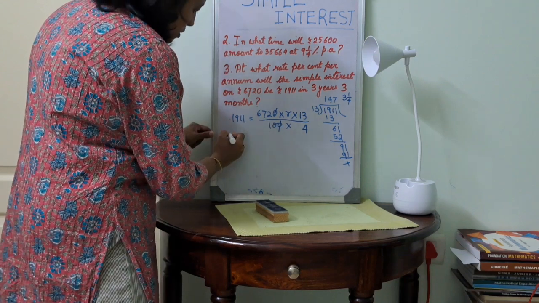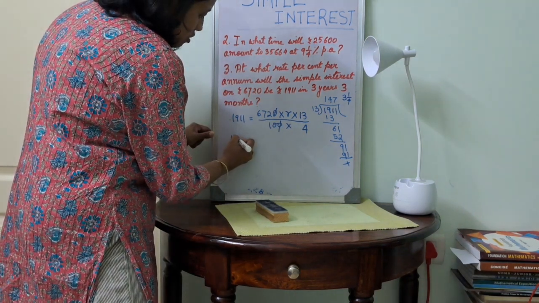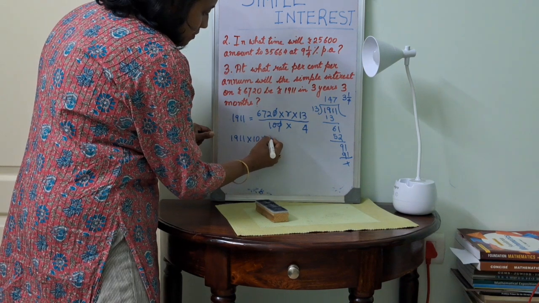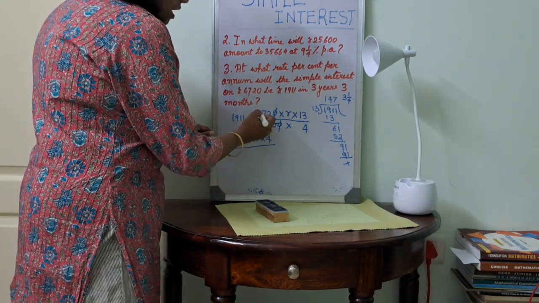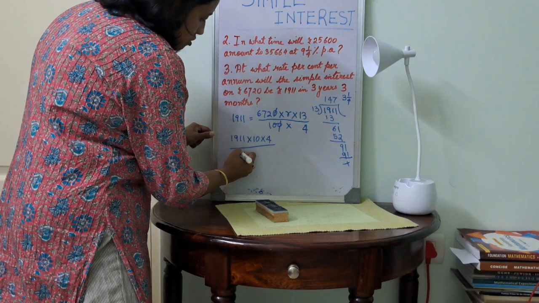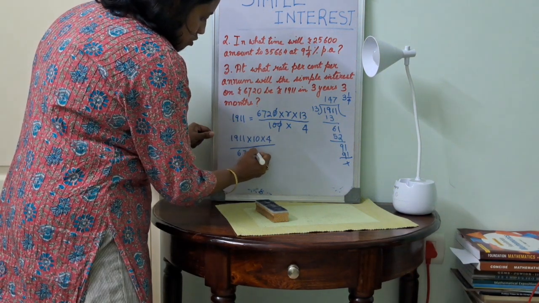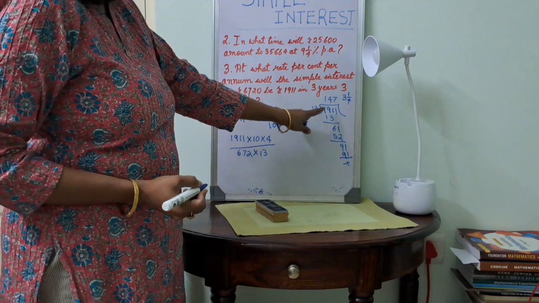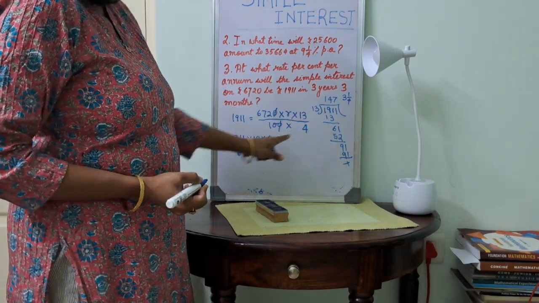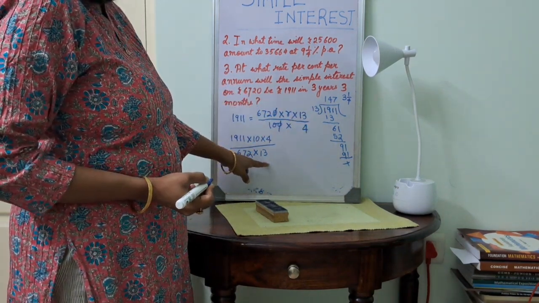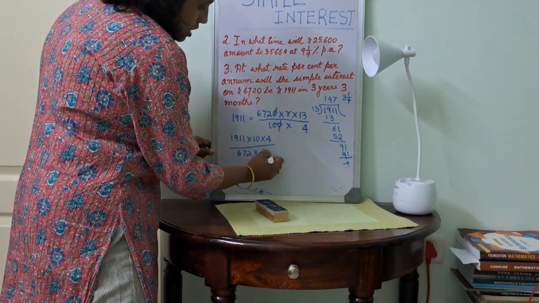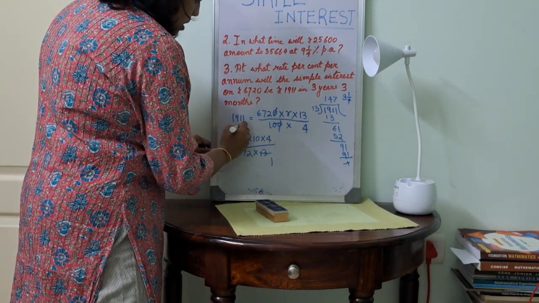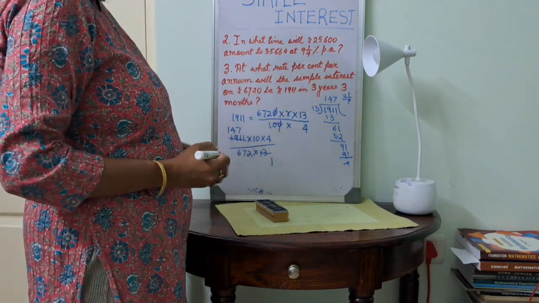The ones in the denominator should move to the numerator, and the ones in the numerator should go to the denominator. So here I had done the division. So 1911 is divisible by 13. 13 when multiplied by 147 you get 1911.